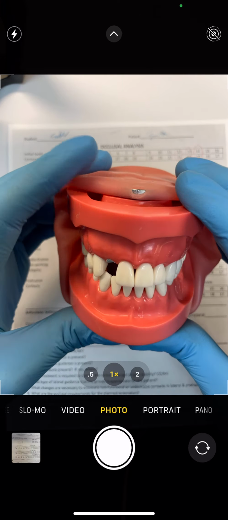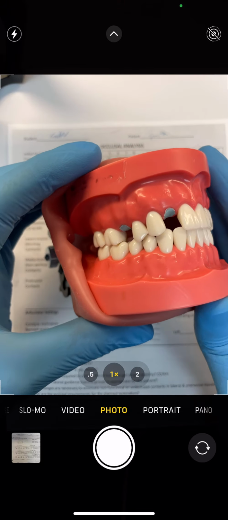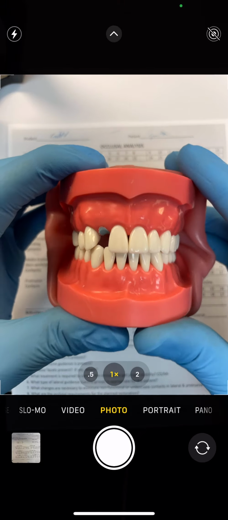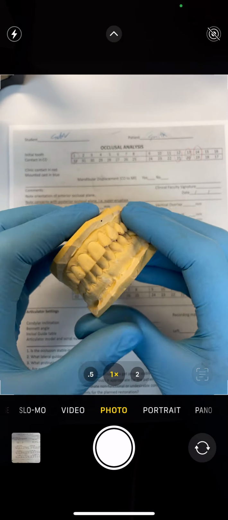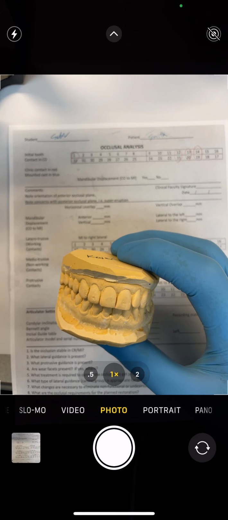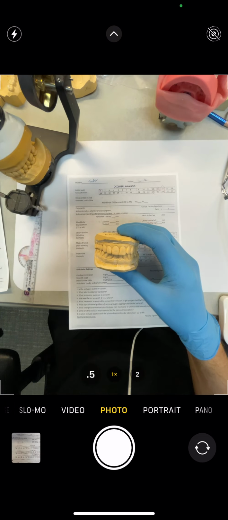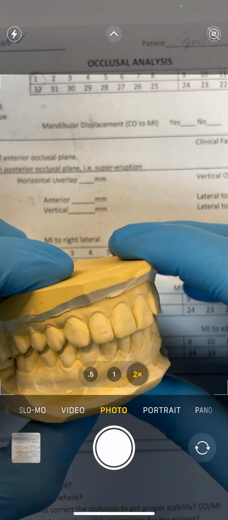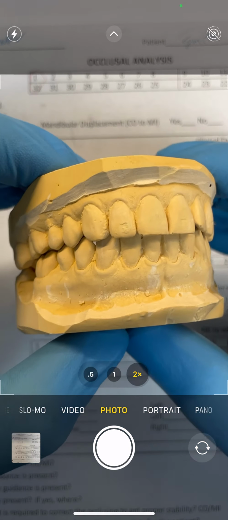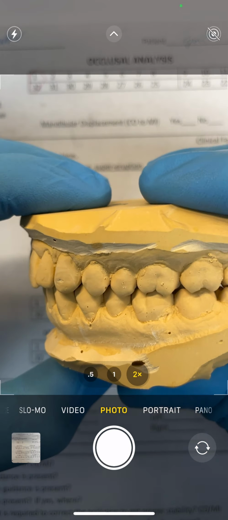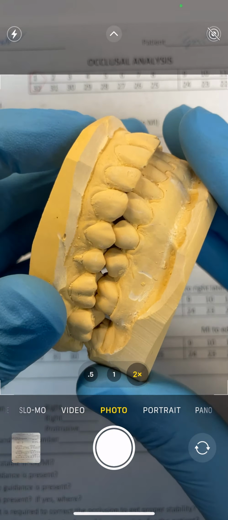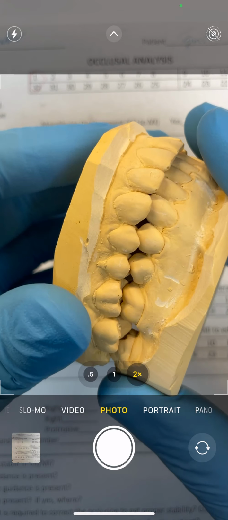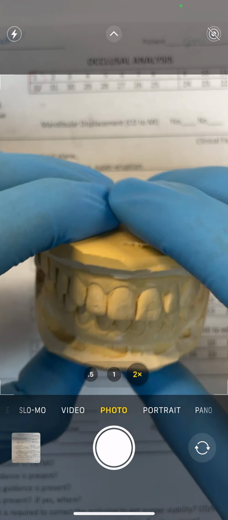I have a lot of cases like that, easy to mount using only a maximum intercuspation record, similar to this patient. You can see we have enough vertical stops to mount the case by hand. So this is ready to be mounted. There is no need to have a maximum intercuspation record to treat this patient.